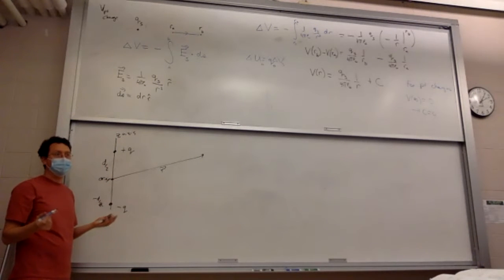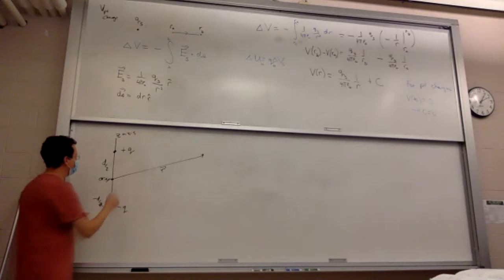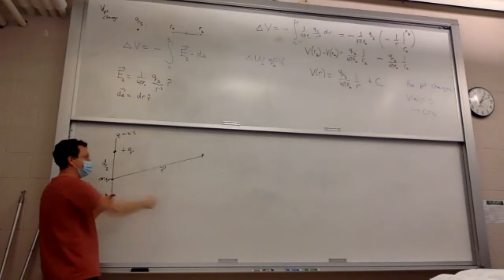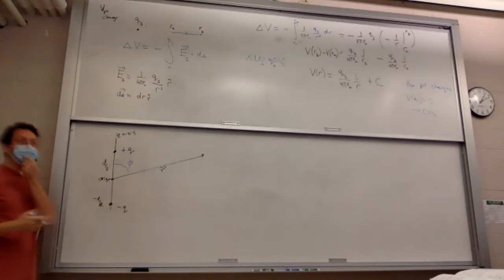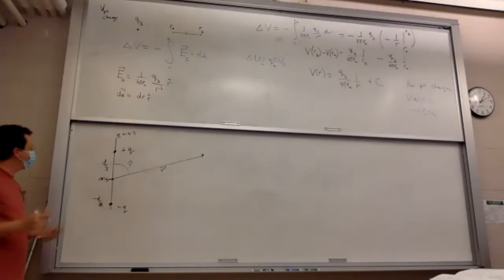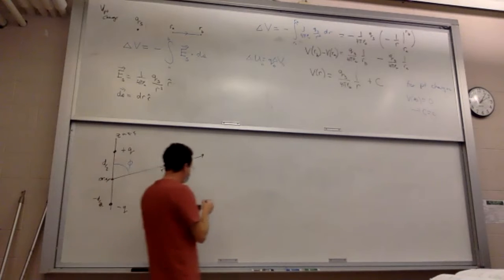Phi is what math people call it; physics usually calls it theta. So this angle we're going to call phi, matching what you did in math class, and what I've done in other courses or problems. All right, that's interesting. So let's go through this.